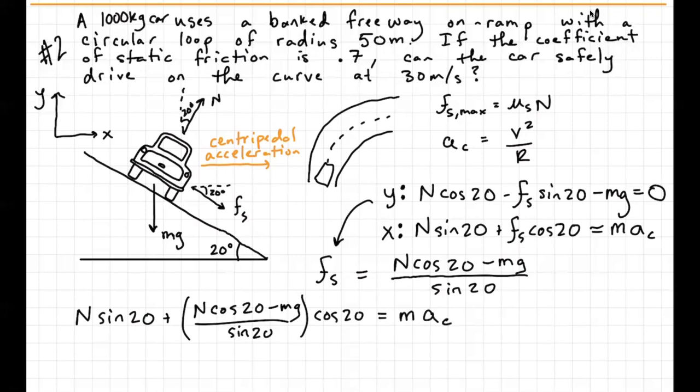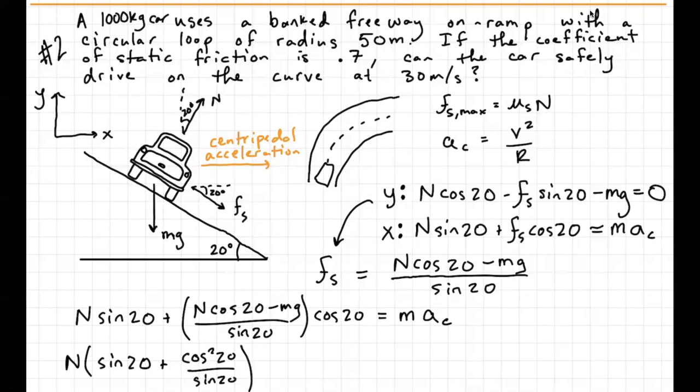All right, and now we can group terms and try to solve for stuff. So we've got n times sine 20 plus, and if you look at this, this is a cosine times a cosine over a sine. So I can write that as cosine squared 20 over sine 20.